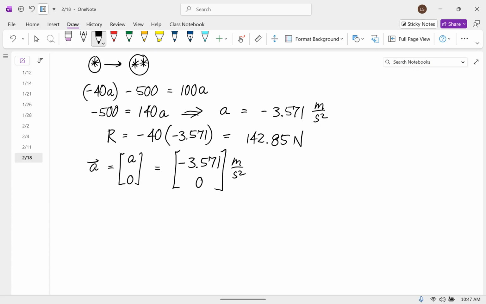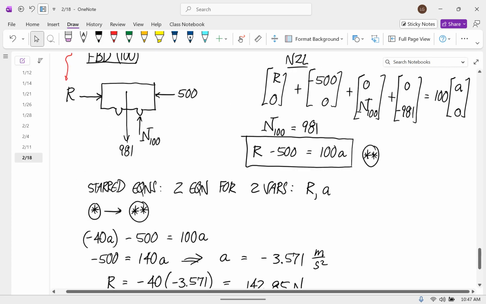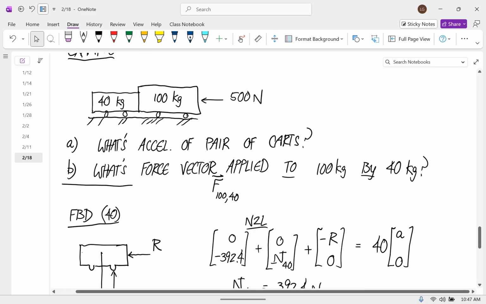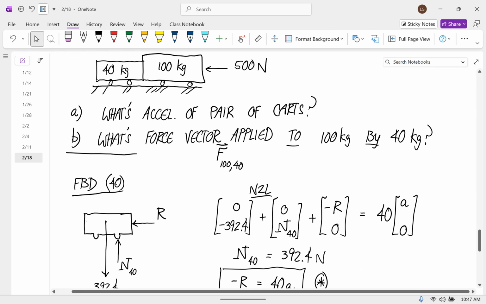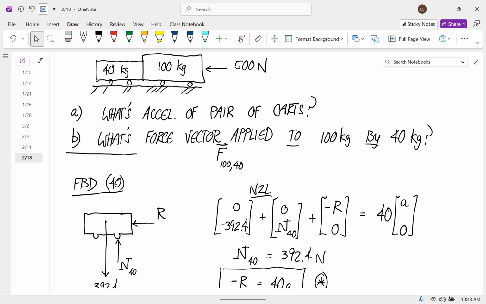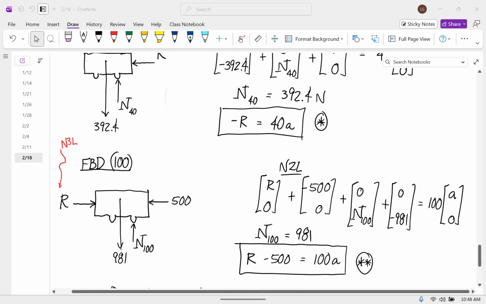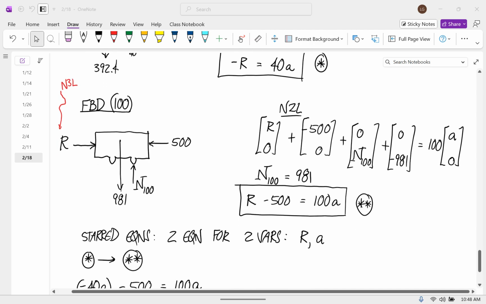And now for R, we maybe have to be a little more careful. What force vector are we trying to find? There's no such thing as a force vector for the contact force between the two of them. You have to specify which body you want the force on. We want the force that's applied to the 100. So I'm going to go back to the free body diagram for the 100.